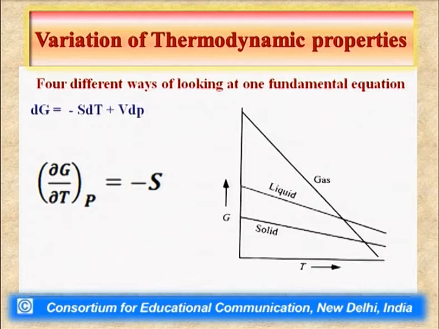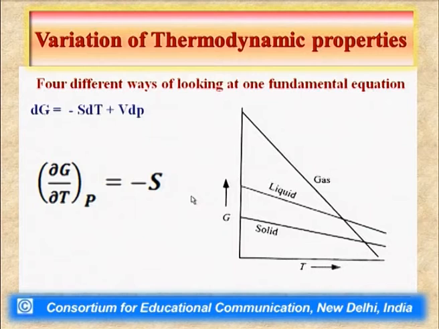Having said this, it is time to understand what happens to the Gibbs free energy of a substance in different phases as you subject it to a change in temperature. What the differential coefficient, delta G delta T at constant P equal to minus S, suggests to us, since entropy is a positive quantity, is that dG equals minus S dT at constant pressure.